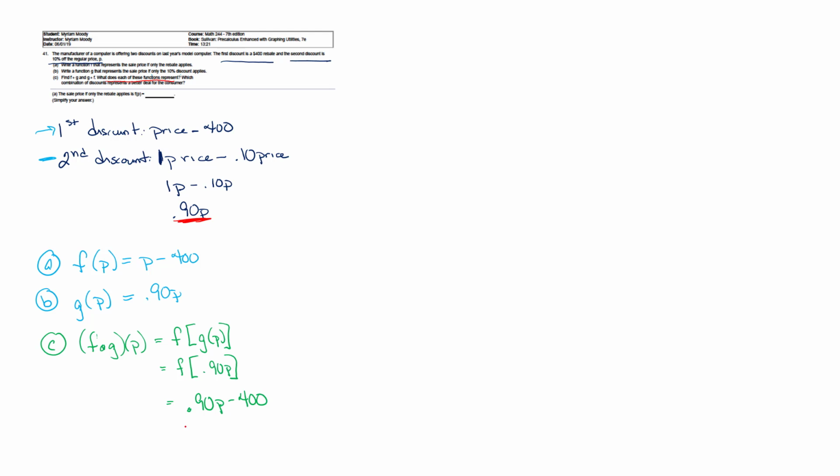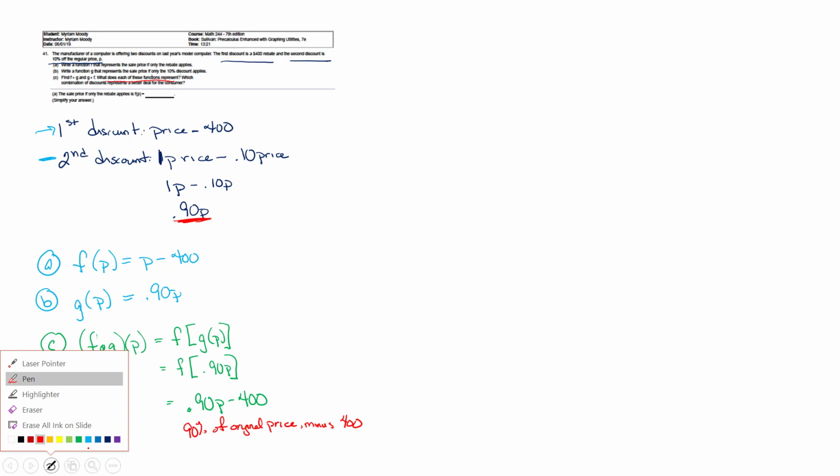So this is us paying 90% of original price and then subtracting and then minusing from that another $400. That's a pretty good deal, isn't it? Okay, hold on. We got a second part to see.